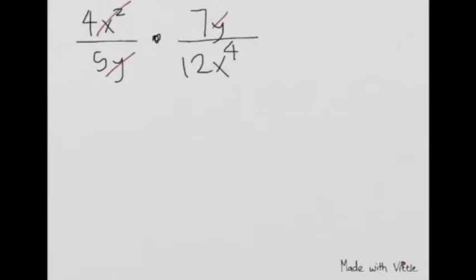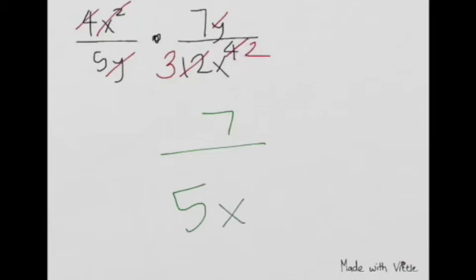X squared can go into x to the 4th twice, so that's going to be x squared now, and then 4 goes into 12 3 times. And so, once we're left with that, we can combine everything, and our answer should be 7 over 5x squared.